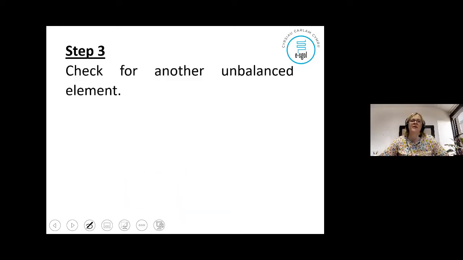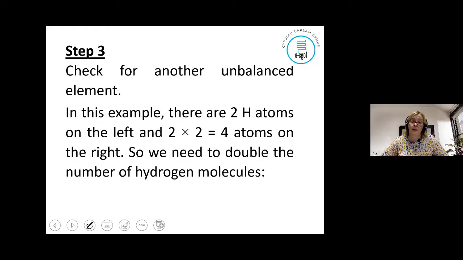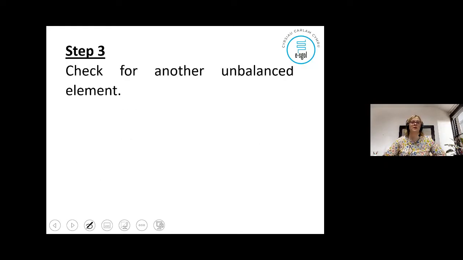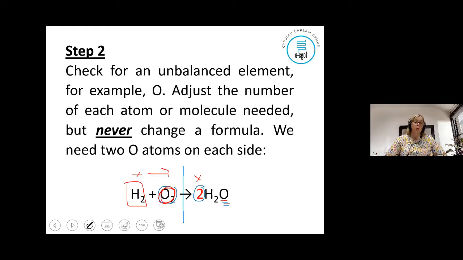Step 3, though, is that you then check for anything that's suddenly become unbalanced or anything that wasn't balanced and you hadn't addressed yet. So in this example, as you saw earlier, you have 2 hydrogens, but now you suddenly got 2 times 2, which equals 4, doesn't it?